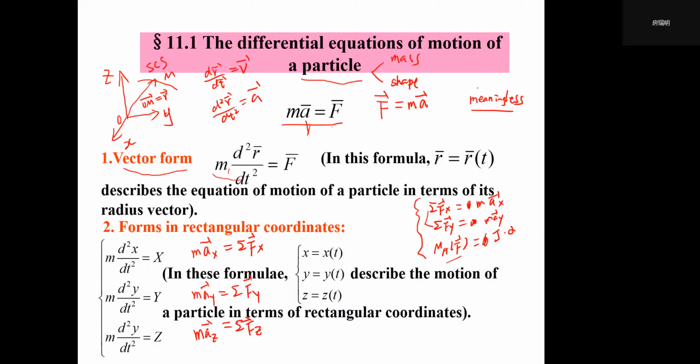In this formula, x equals x(t) and a_x equals x double dot (t). That's what we learned from kinematics. For the same reason, a_y equals y double dot (t) and a_z equals z double dot (t).